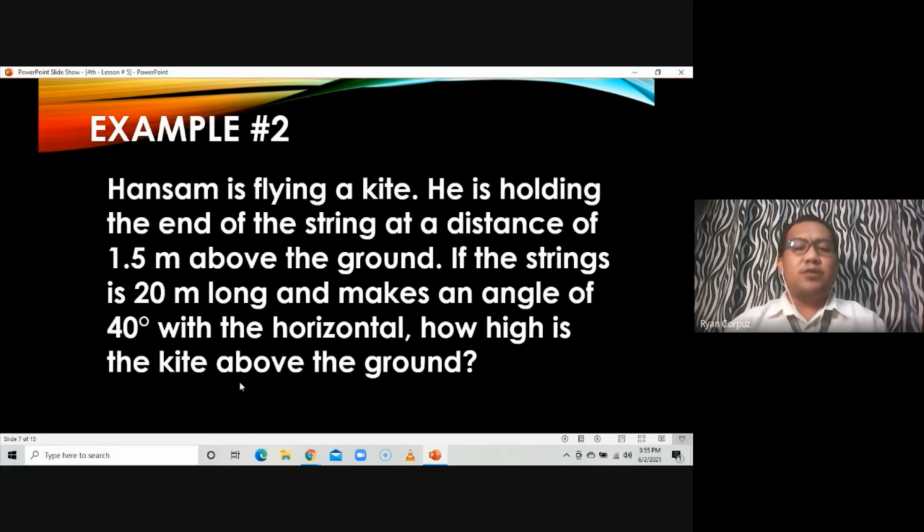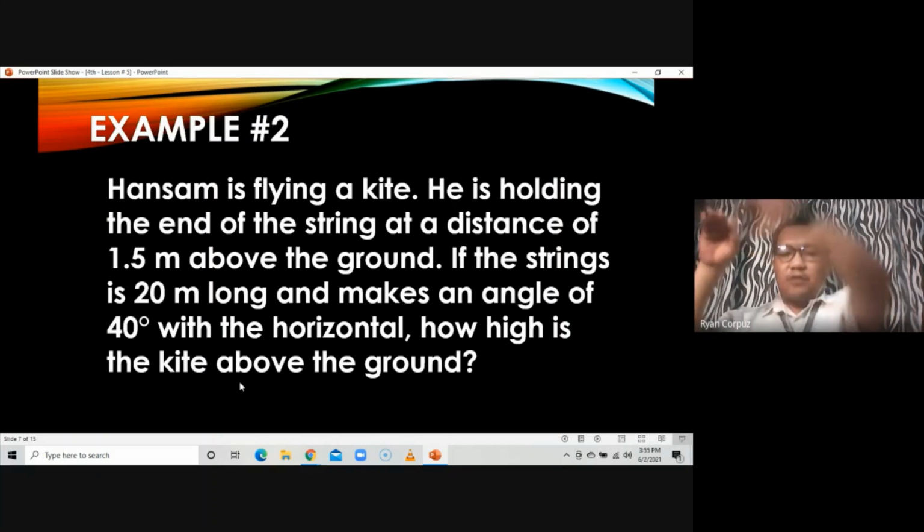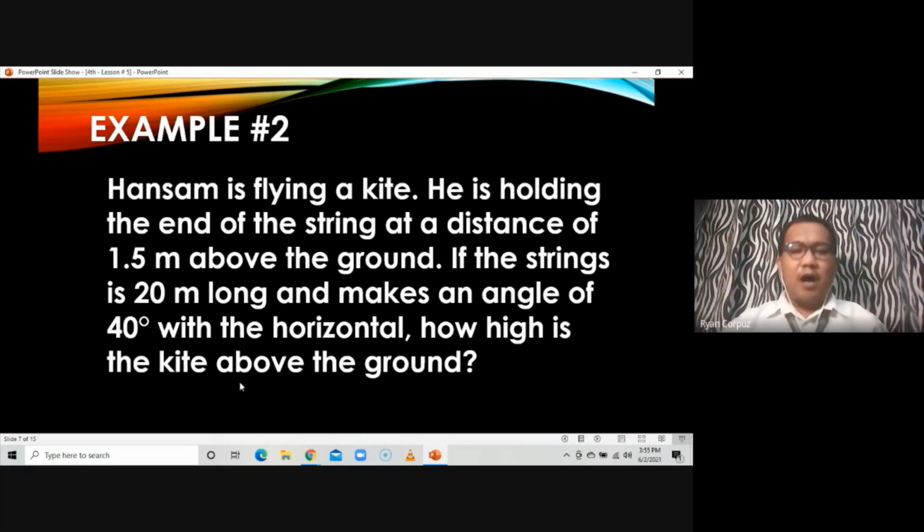If the string is 20 meters long and makes an angle of 40 degrees with the horizontal, the string is raised like that, its length is 20 meters, and from the horizontal it forms an angle of 40 degrees. How high is the kite above the ground? We are looking for how high the kite is, from the ground up to the kite.